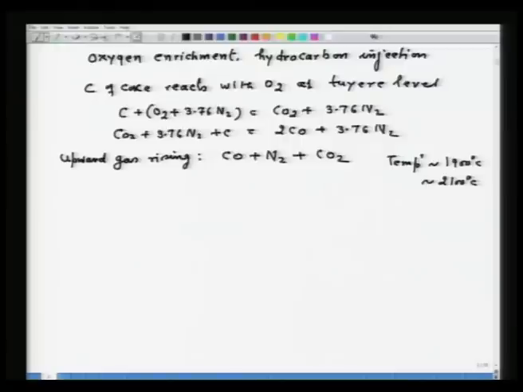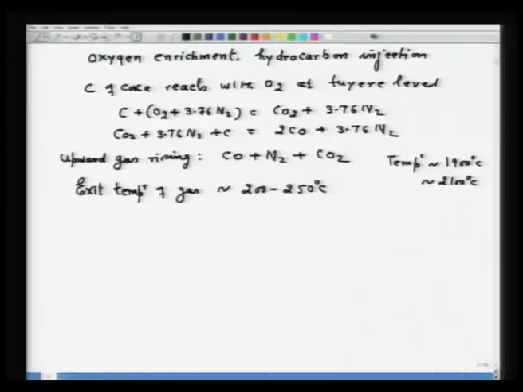As the gases move and discharge from the top of the furnace, the exit temperature of the gas is approximately between 200 to 250 degrees Celsius. So, you can imagine how efficient the blast furnace is from the point of view of transfer of heat.